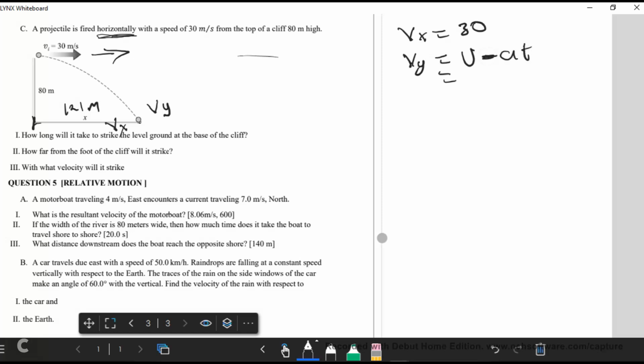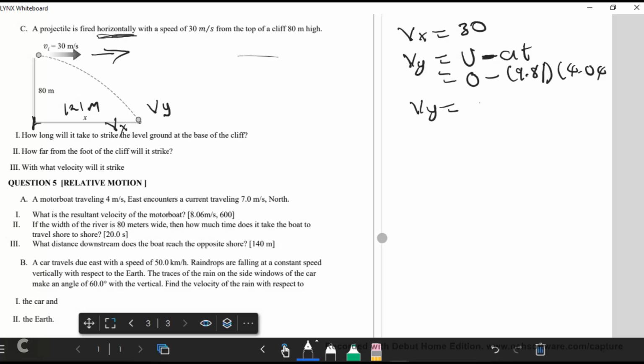So here it is 0 in the y, and 9.81. Then what was the time? The time was 4.04. So the velocity will be 4.04 times 9.81.